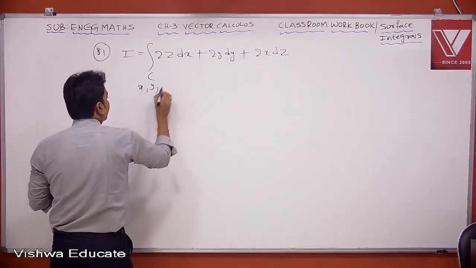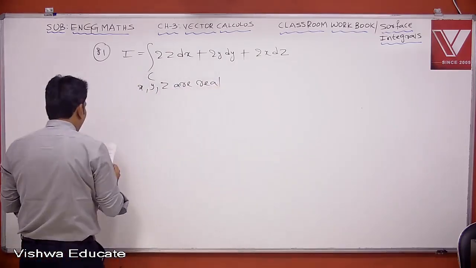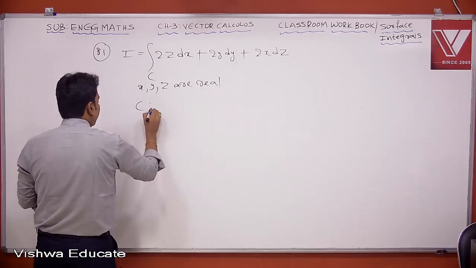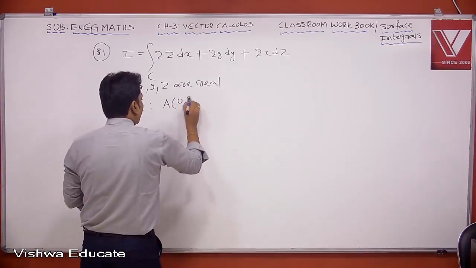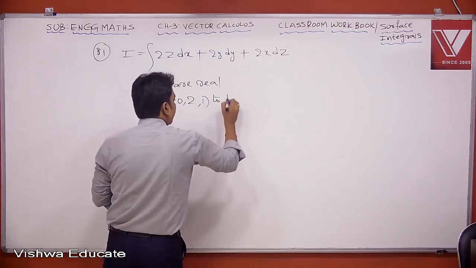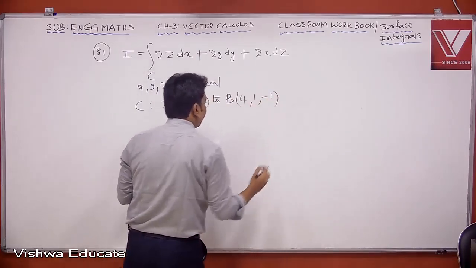They are real numbers. And C is the straight line segment from the point A, that is (0, 2, 1), to the second point, B, that is (4, 1, -1).